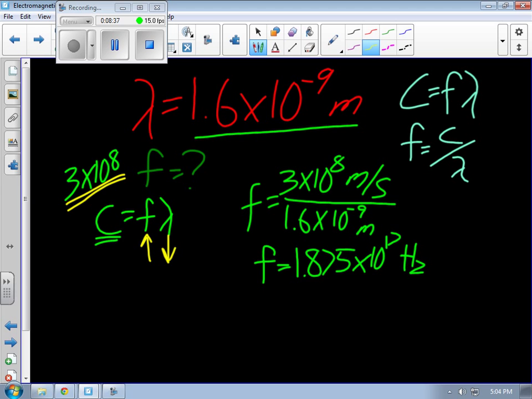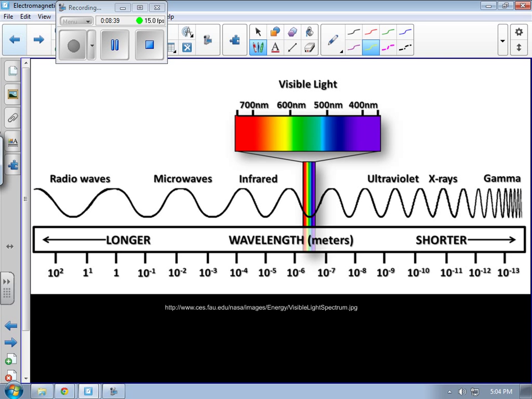So if we go back to this, we can see that our red light and our blue light have different wavelengths. So our red has a wavelength of 700 nanometers, and our violet has a wavelength of 400 nanometers. If we think about the colors in the rainbow, we notice that the colors on this spectrum fall in order.